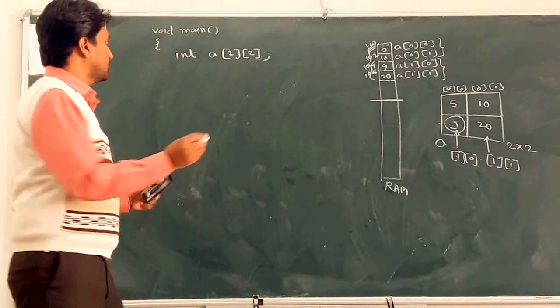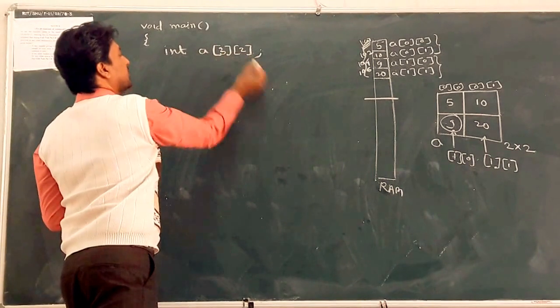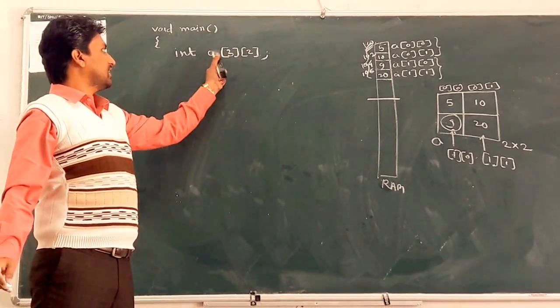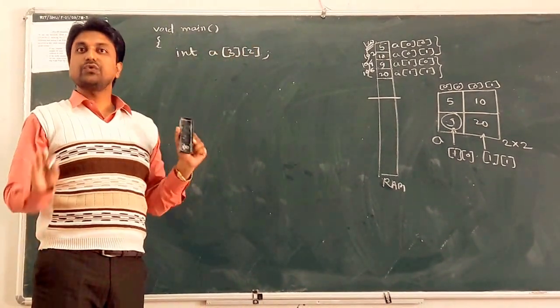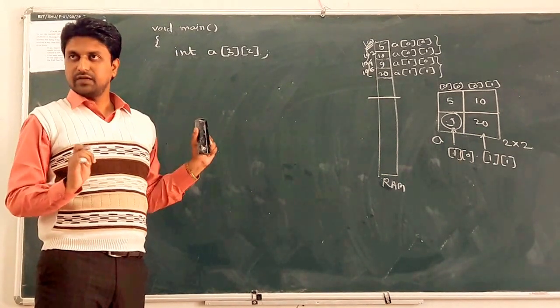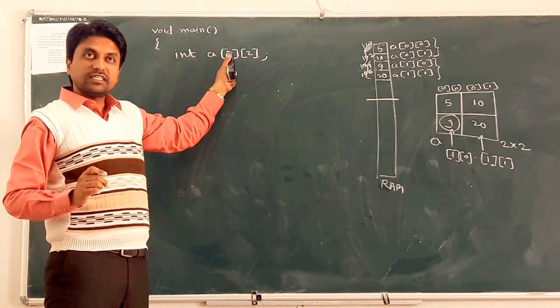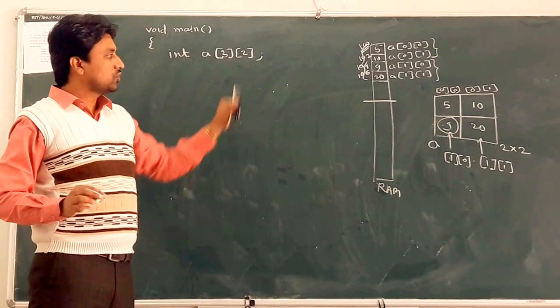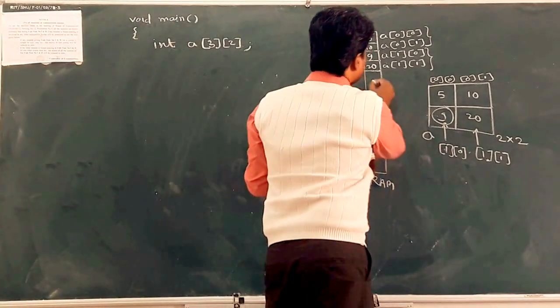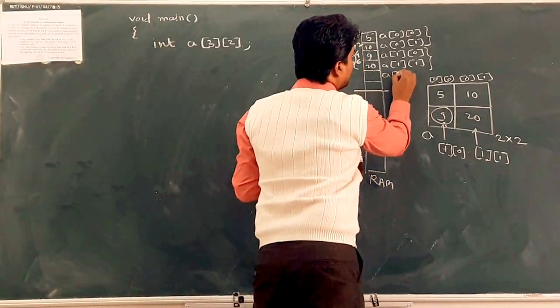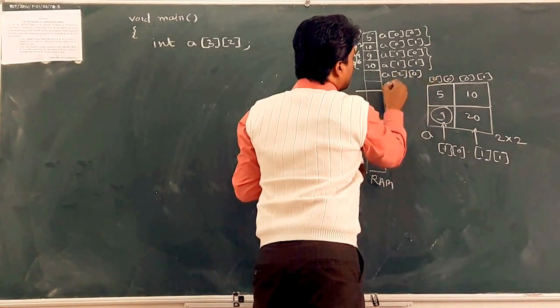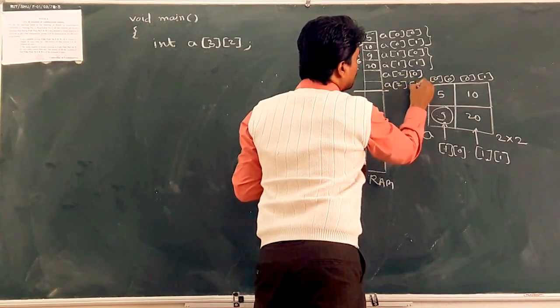Clear? For that purpose, we change the dimensions of the two-dimensional array to 3 by 2, that is, number of rows are 3 and number of columns are 2. So here A of 2 0, A of 2 1.